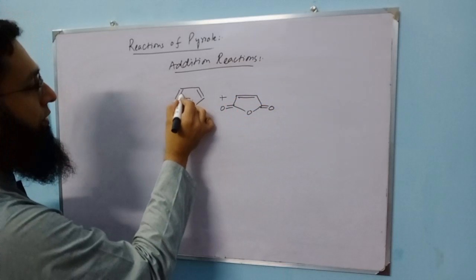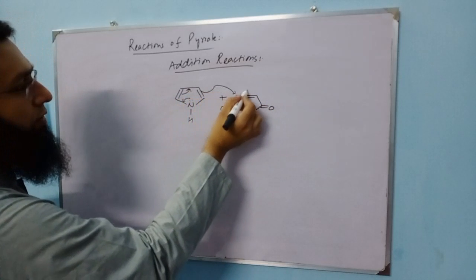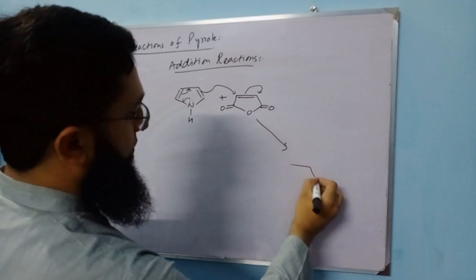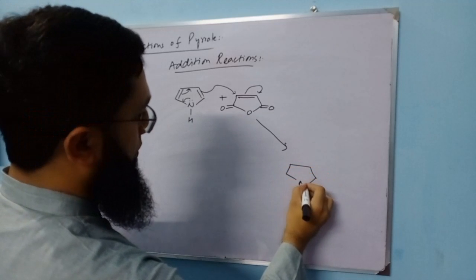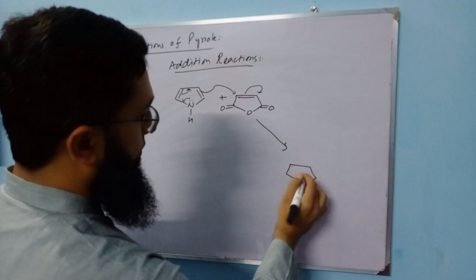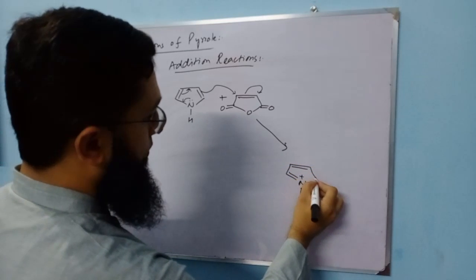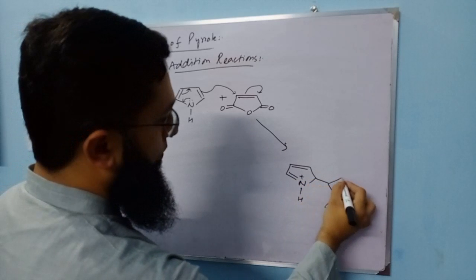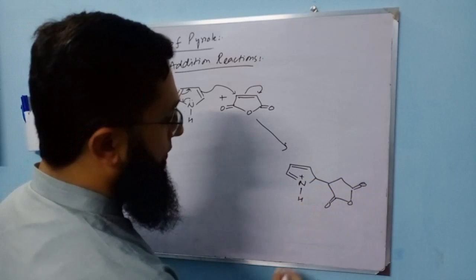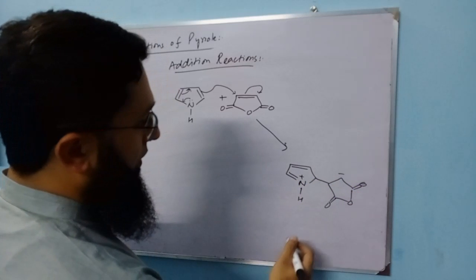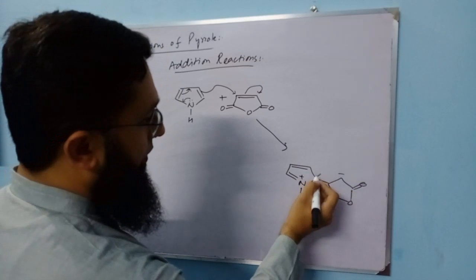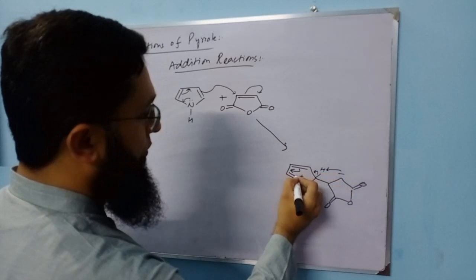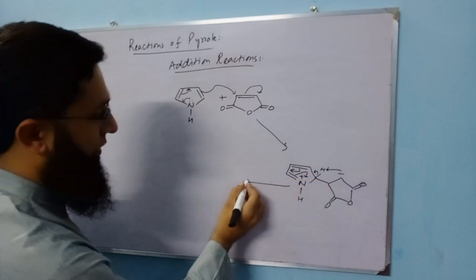This bond shifts here, this here, and this attacks here, and we get this intermediate, negative here, and this proton is abstracted, this is shifted here, this bond shifts here, and it is shifted here.